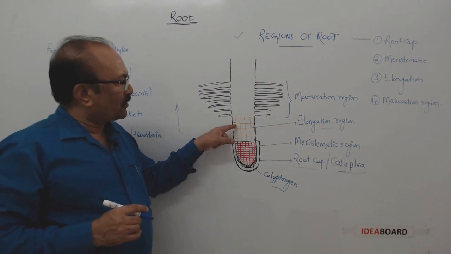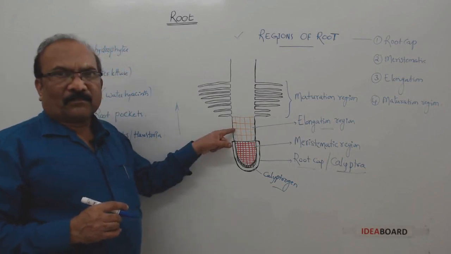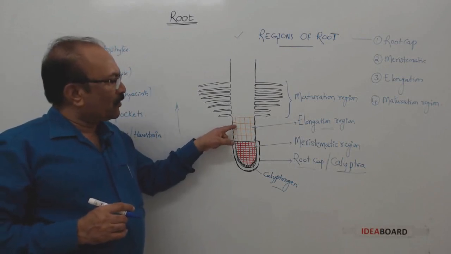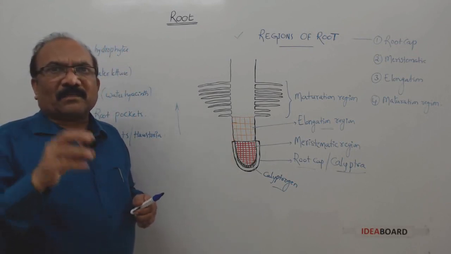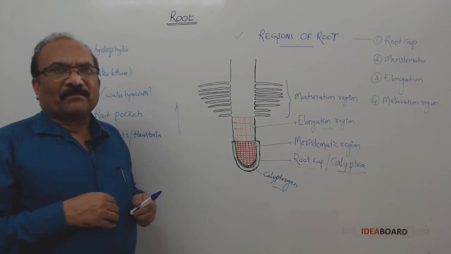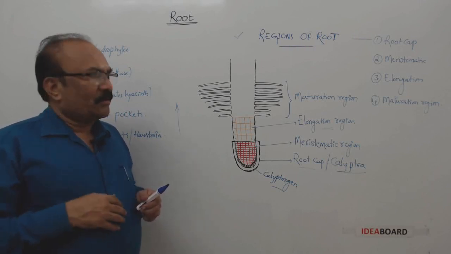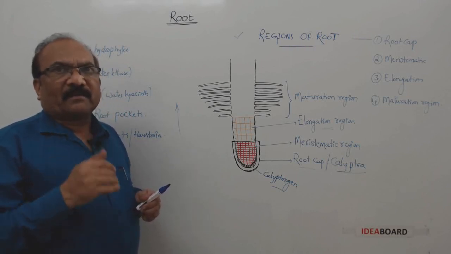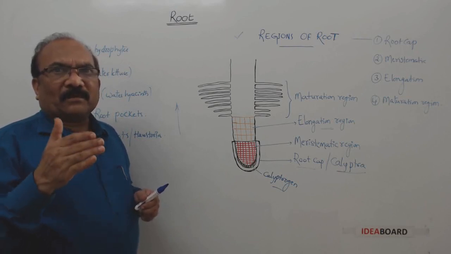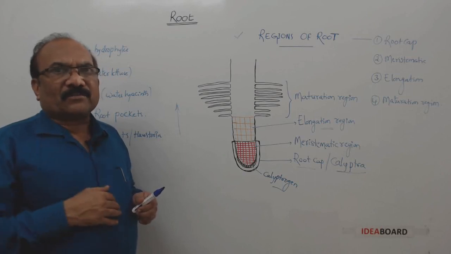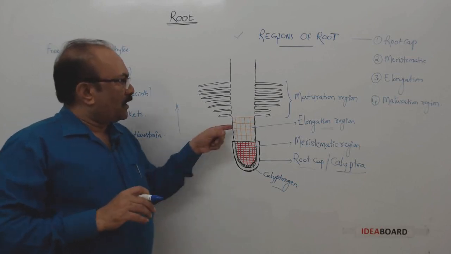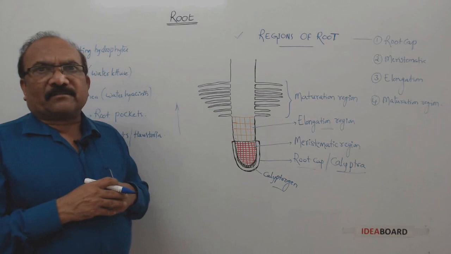You can see I have used a different color here, and the cells are bigger than meristematic cells, because the meristematic cells are small cells with dense cytoplasm and prominent nucleus as they are dividing every time. So their nucleus will be in what state? Interphase nucleus. And this is the elongation region.